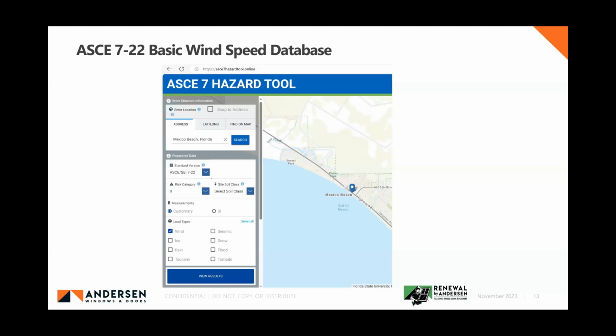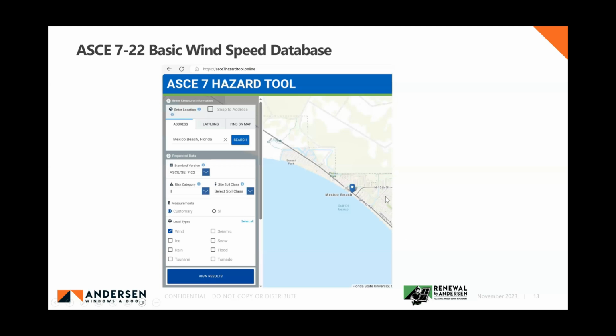Okay, so you pick the standard version you're interested in, and then pick the risk category, and then you pick what information you're looking for, whether it be wind, ice, rain, tsunami, seismic, snow, flood, or tornado. It will give you some of the data that you need to determine what the loads are on buildings for the various perils. For wind, it's going to give you your design wind speed.